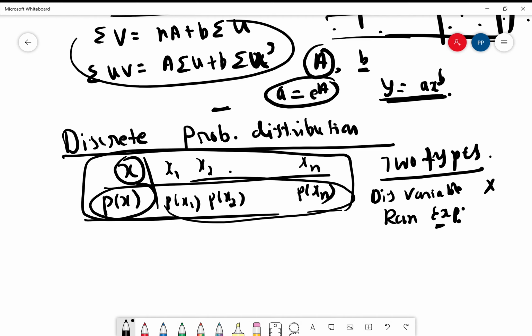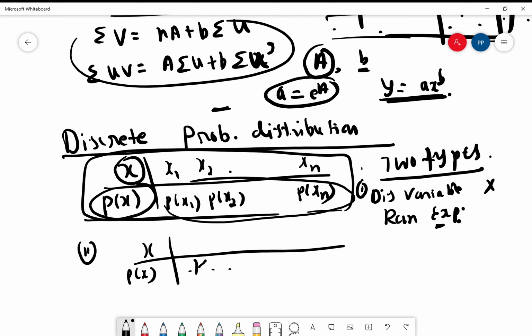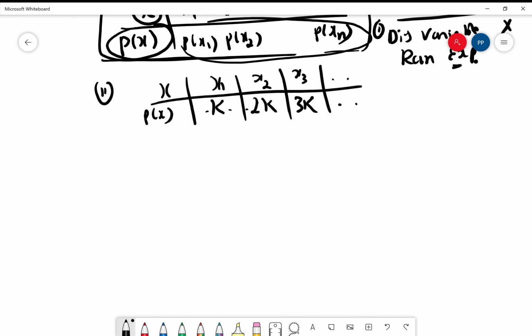Okay, in the next kind of problem, you will be given a table where p of x values are in terms of k, for example k, 2k, 3k, or in terms of k square, etc. You'll be asked to determine k.